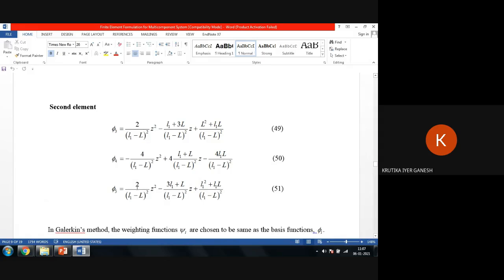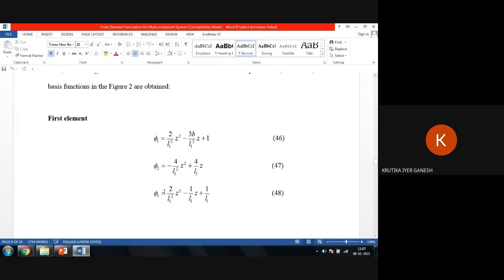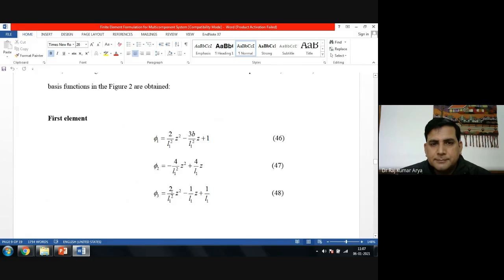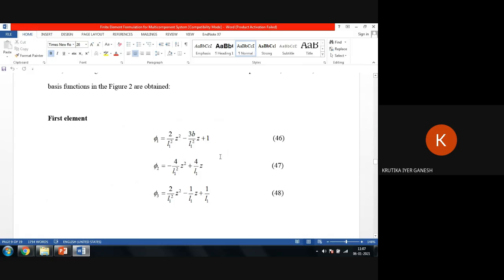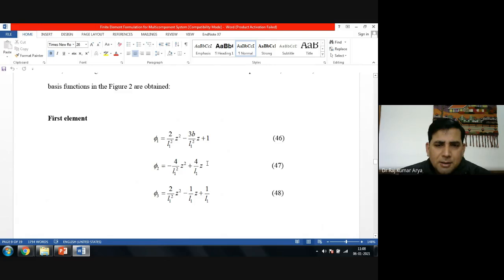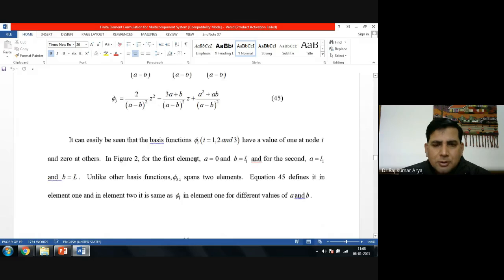Excuse me, sir. In the first element, A is 0 and B is L1, yes sir. But in the equation we have written B, sir. Okay, so B needs to be changed then. Maybe that was my mistake here.